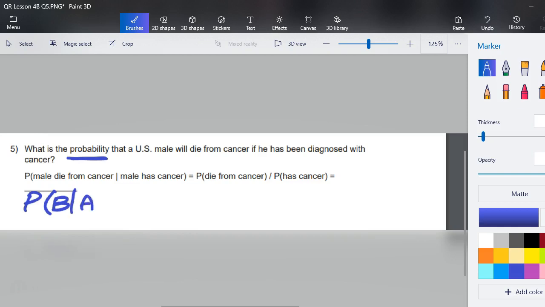I'm going to choose to write it like this: dying from cancer, having cancer. What's the probability someone's going to die from cancer given that they have cancer? And the formula a while ago said it's the probability of A and B, in other words, they had cancer and they died from cancer, divided by the probability that they have cancer.